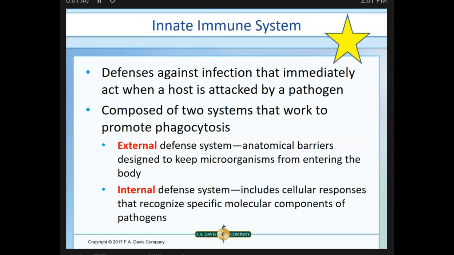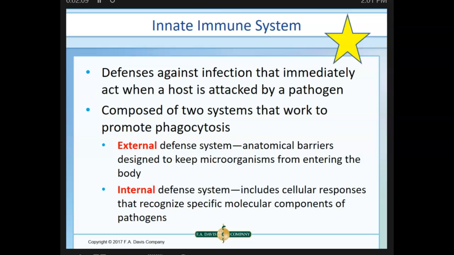The innate immune system is the defenses against infection that immediately act when a host is attacked by a pathogen. It's composed of two different systems that work to promote phagocytosis. The external defense system includes anatomical barriers like skin, etc. We're going to go into those in more detail.